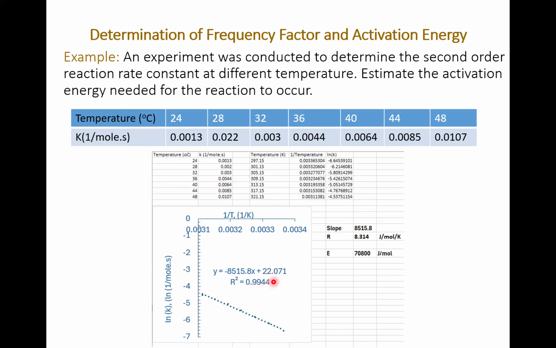In this case, you have the slope, which is 8,515, and you can easily get the E value, or the activation energy, if you multiply this slope by the value of R, which is the universal gas constant.